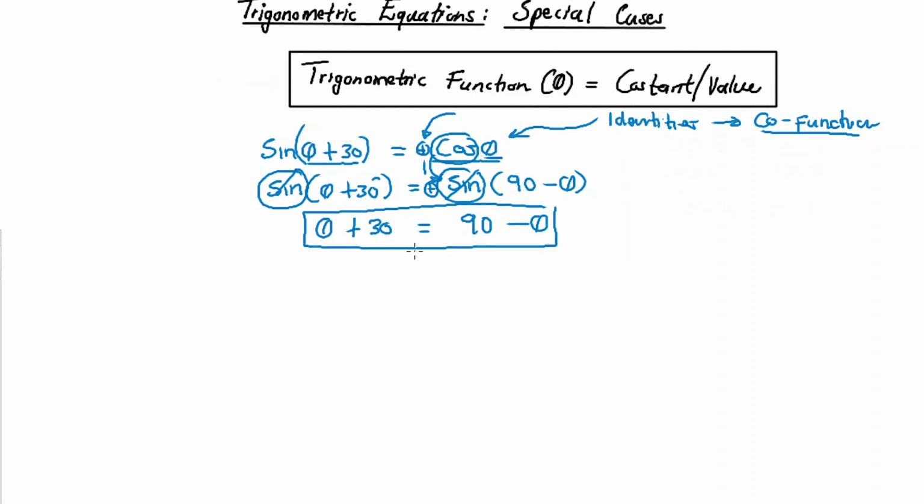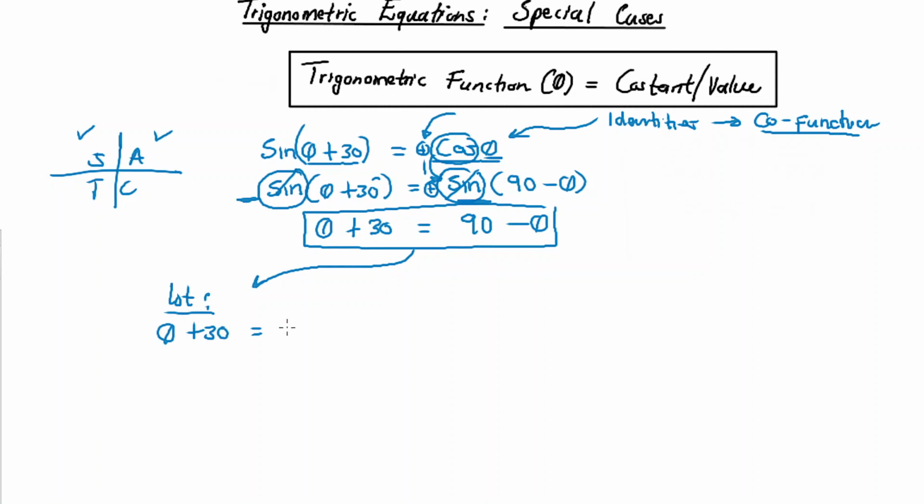So what we do is identify the quadrants using CAST where sine is positive. Which quadrant is that? Second quad, first quad. So for the first quad, it's just going to be theta plus 30 equal to 90 minus theta. Then we solve for theta.